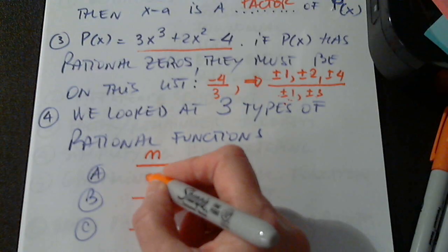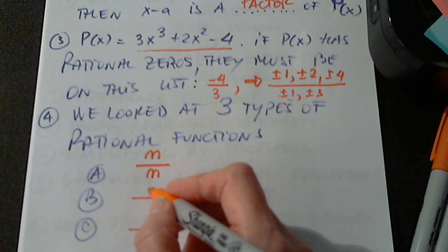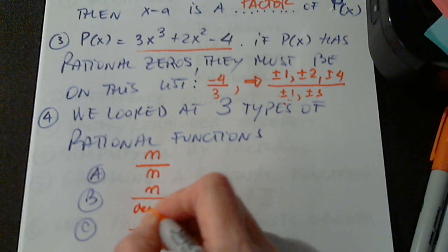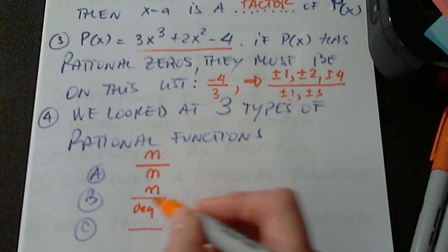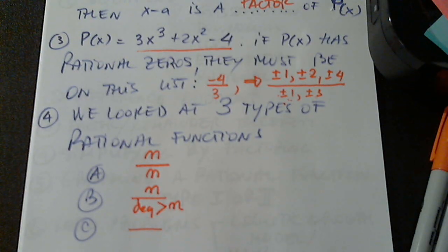Very good, awesome. Type 2: degree n on top, and here degree m, greater than n, strictly greater than n.